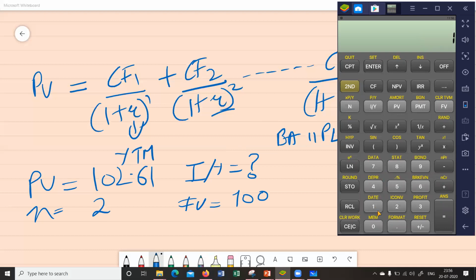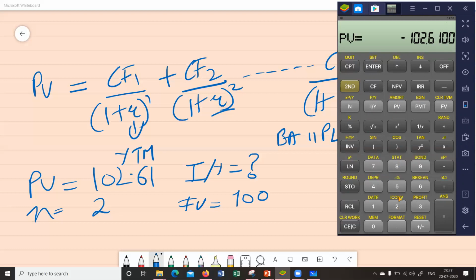So PV is 102.61. Now, since this is the price that we have to pay, it will go out of our pocket. And I'm taking it as a negative thing because we have to pay this. It's an outflow. And I'm going to store it under PV.